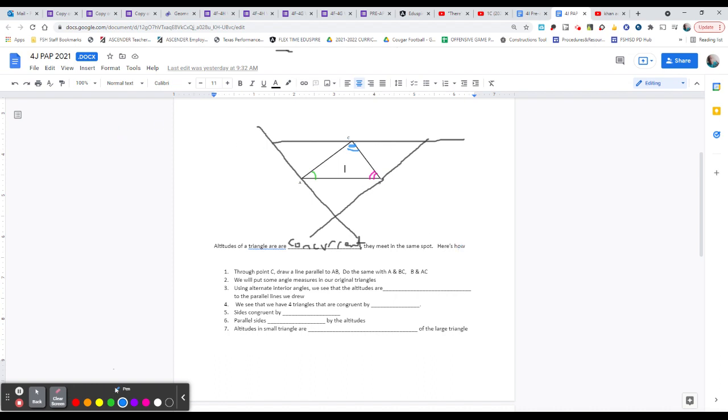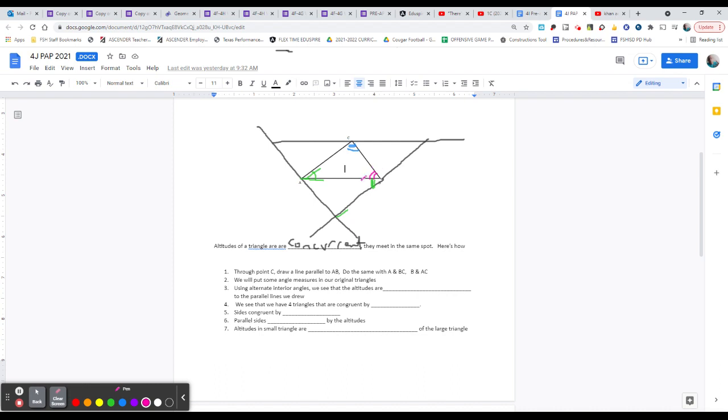Now, using our parallel line rules, we have some alternate interior angles that we can bring along here. So, using this green angle with this, and this being a transversal, I could pull the green angle down here.